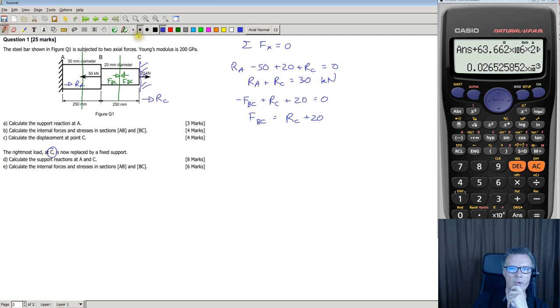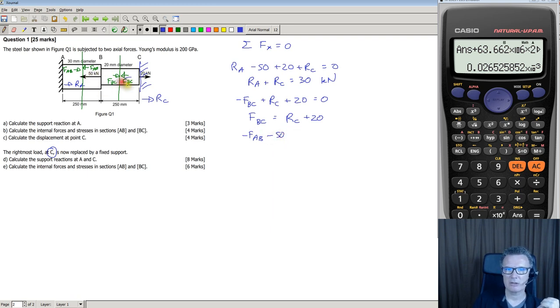The internal force that we're using is now FAB. The one on the left I ignore. So that will give me minus FAB minus 50.